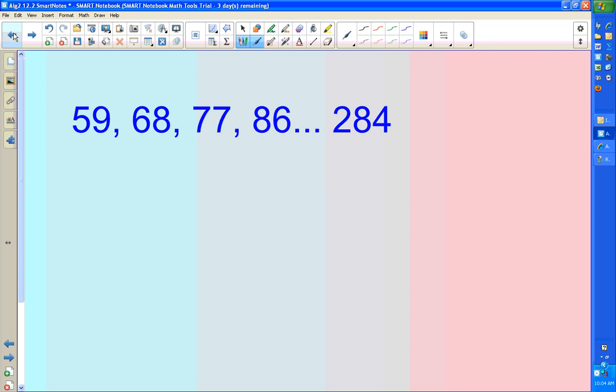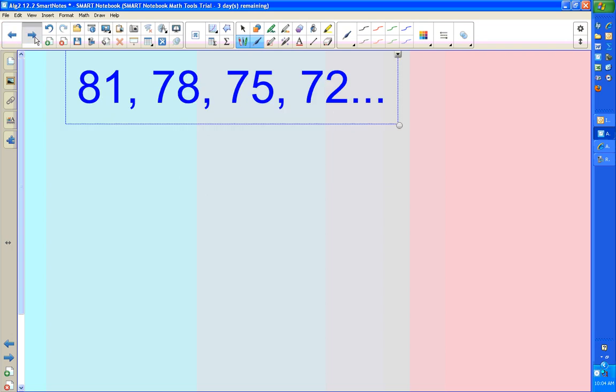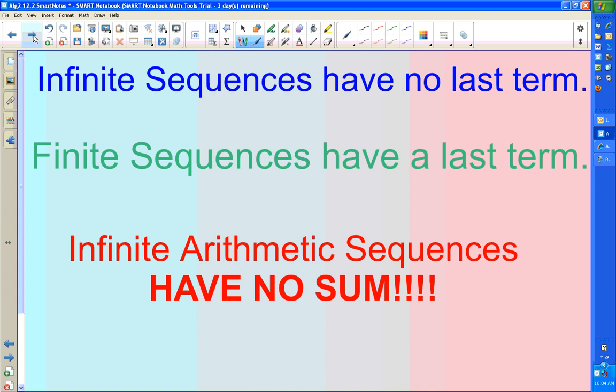Finite. This sequence is finite. This sequence is infinite. Infinite sequences have no last term. That's how you tell. It has nothing to do with dot, dot, dot. It has to do with having a last term or not having a last term. Finite sequences have a last term.